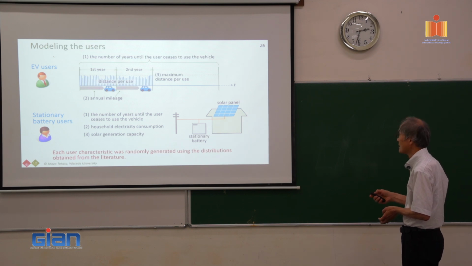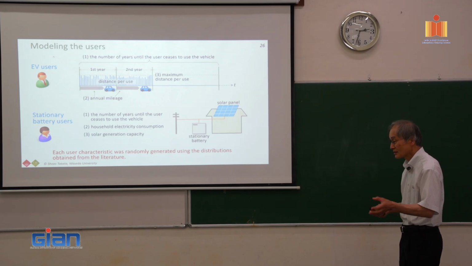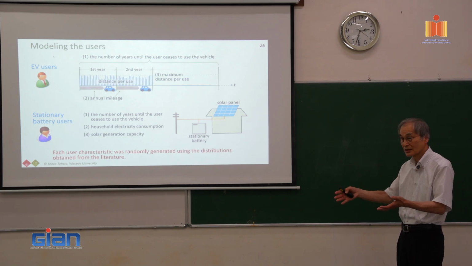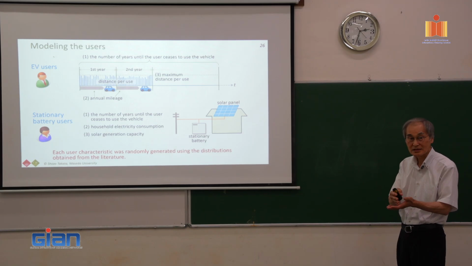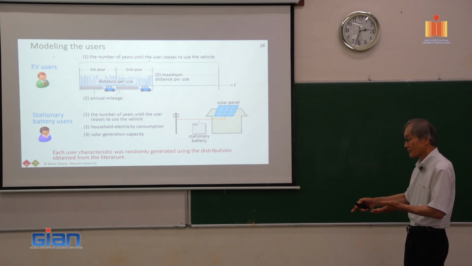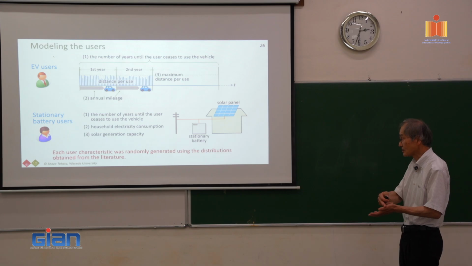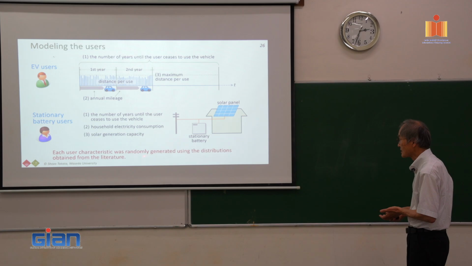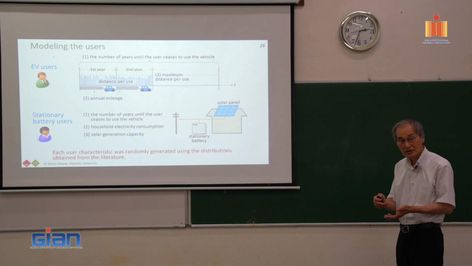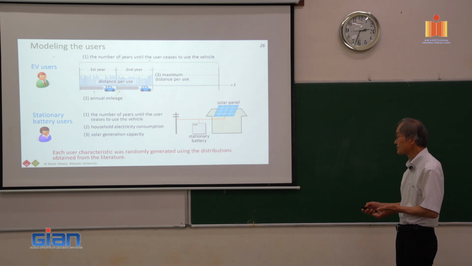For example, for annual mileage, there is data on how the mileage is distributed user by user, and then we create the distribution function and assign values randomly generated from that distribution pattern.